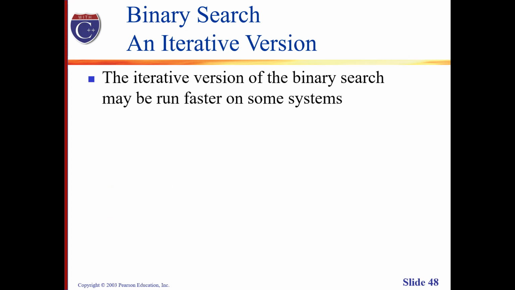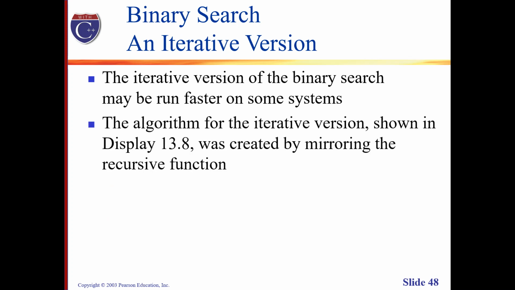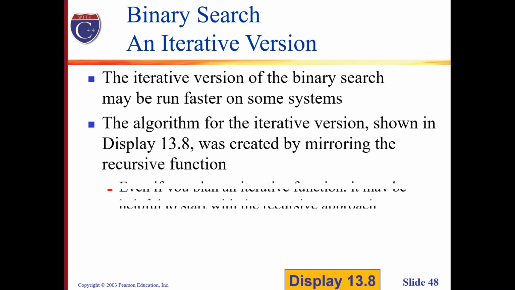Of course, we can also make an iterative version of the binary search program that we made, which was originally recursive. The iterative version of the binary search may run faster on some systems. For instance, the algorithm for our iterative version is shown in this code sample.